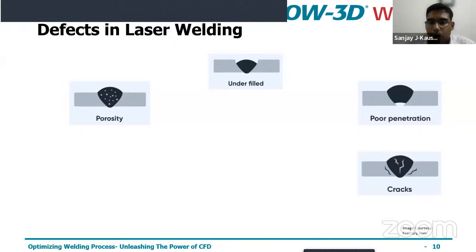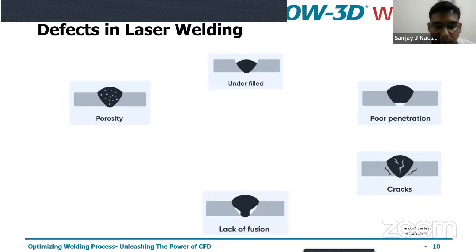We also have cracks, which are caused during the solidification of the melt pool or the bead. Once the laser melts the metal, it requires some time for solidification, and cracks can form because of the solidification effect, and the direction of the solidification is also accounted for. We also have lack of fusion. Lack of fusion is mainly for dissimilar metals.